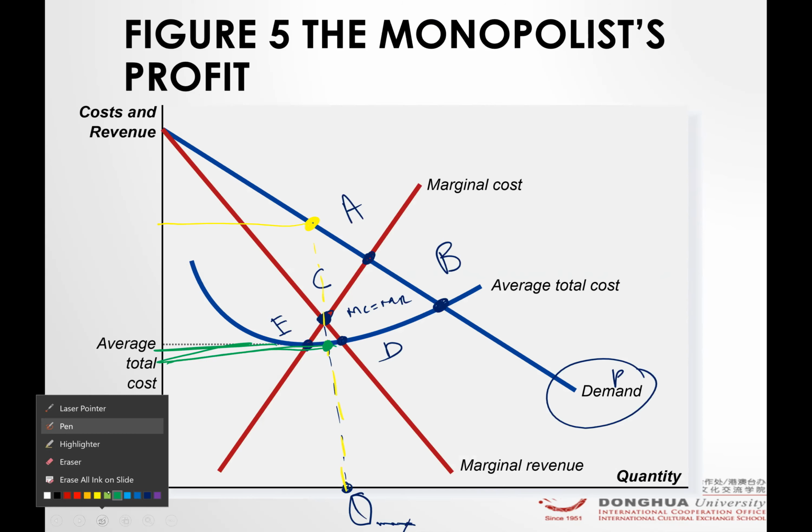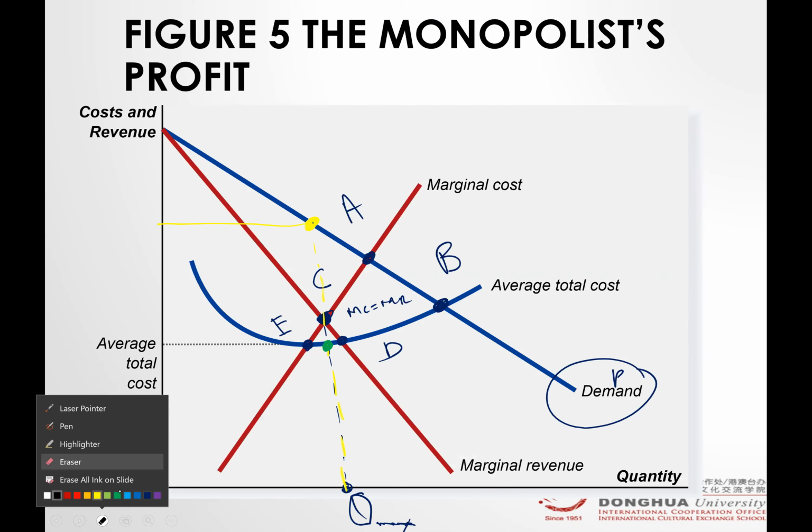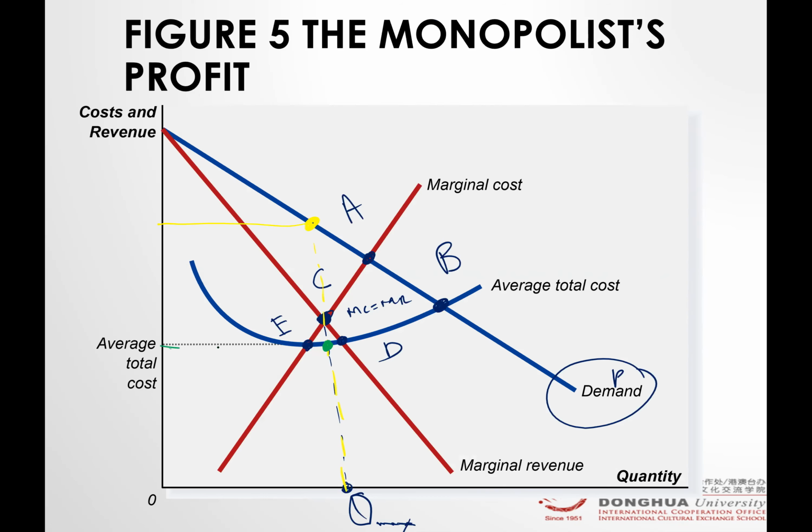Sorry about my drawing, let me just remove it. My drawing is really bad here at the moment. Here we go, the average total cost, here, right? So this is the price, this is the average total cost, and if this point is F, then your profit is, connect all these dots here.